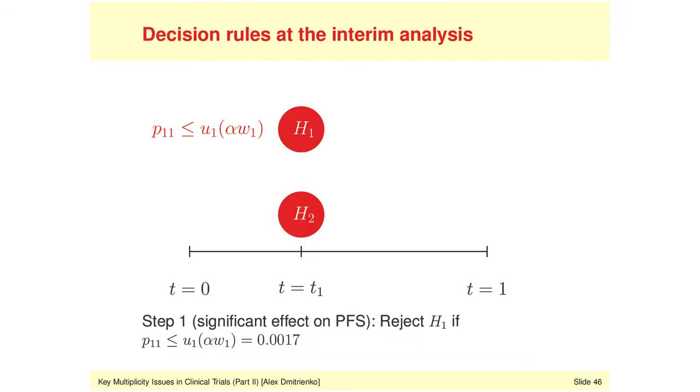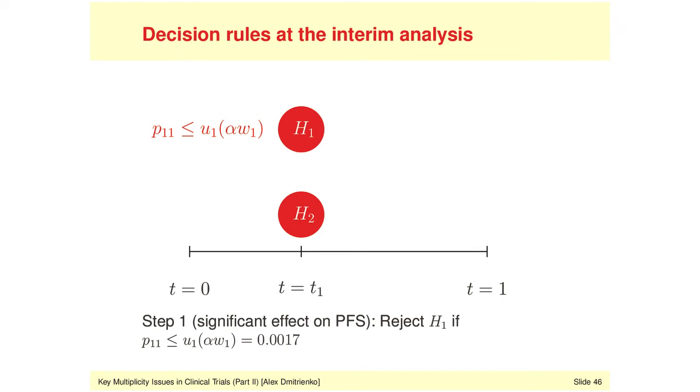We have now defined all of the key components of the decision rules that will be applied at the interim analysis for progression-free survival and overall survival under scenario 3. So let's now take a look at the specifics. We're going to begin with the interim analysis, of course. Let us first take a look at the decision rules for testing the progression-free survival effect.